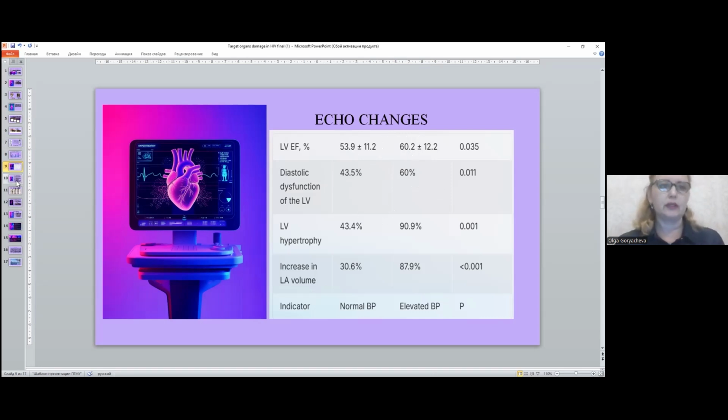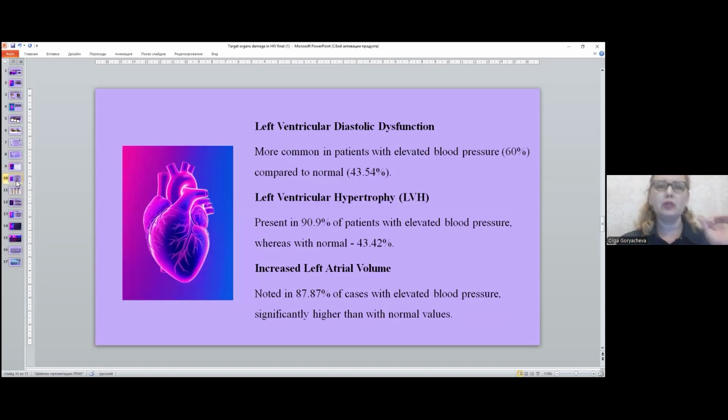We understand why. And the main point: left ventricle diastolic dysfunction more often, left ventricular hypertrophy more often, and increased left atrial volume in patients with arterial hypertension, chronic heart failure, and HIV infection.